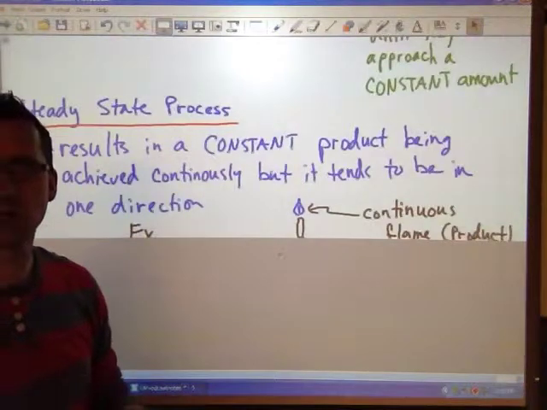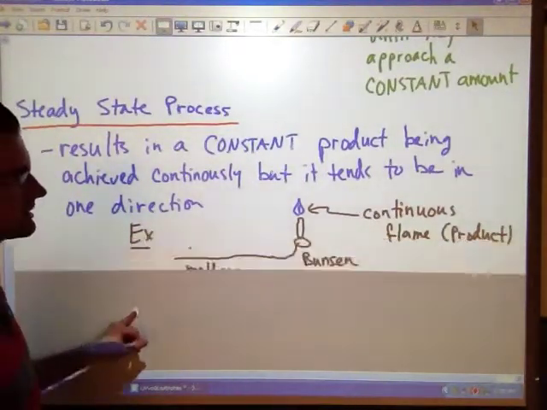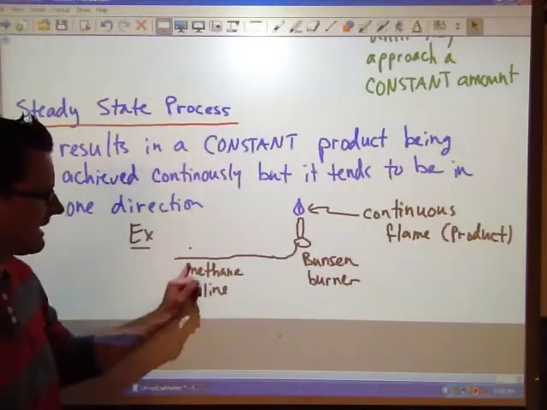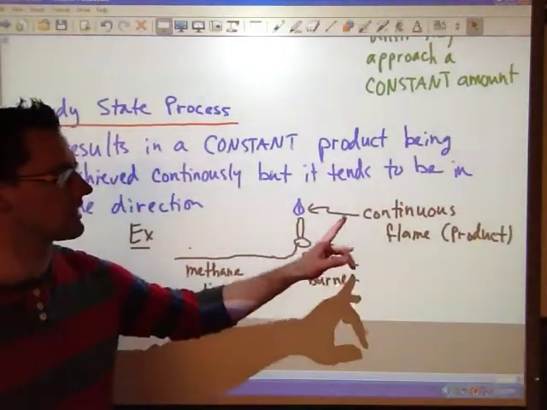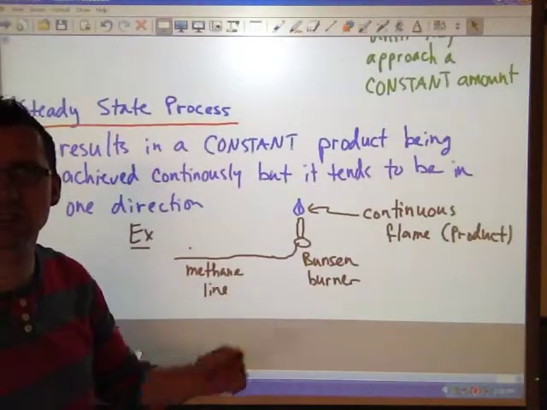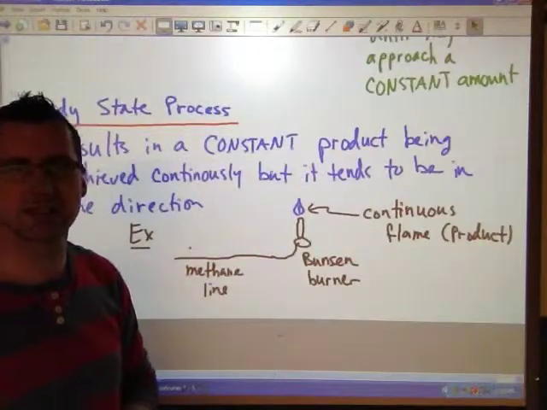So we're making the product, which remains constant, but it is a one-direction type reaction. For example, lighting a Bunsen burner, we have a gas line coming in, a methane line, and we have a constant flame here, but we're continuously shoving reactants in there. So that is referred to as a steady state.